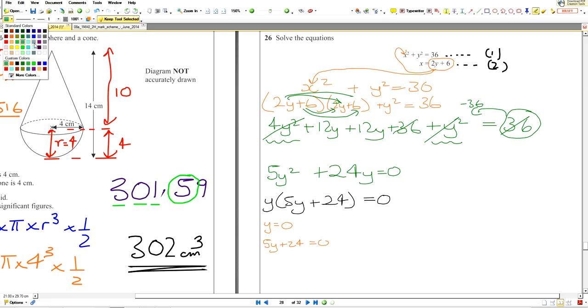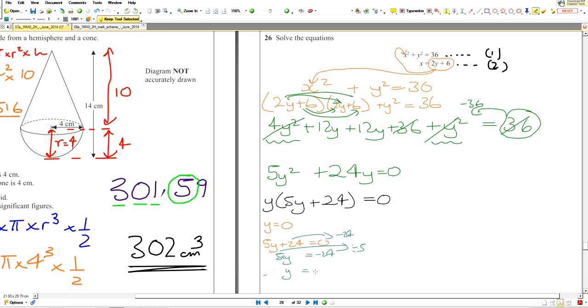Opposite of add 24 is minus 24. So 5y is equal to minus 24. And then the opposite of times by 5 is divide by 5.